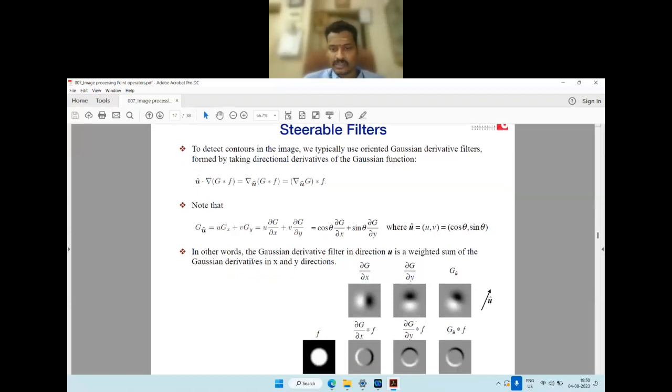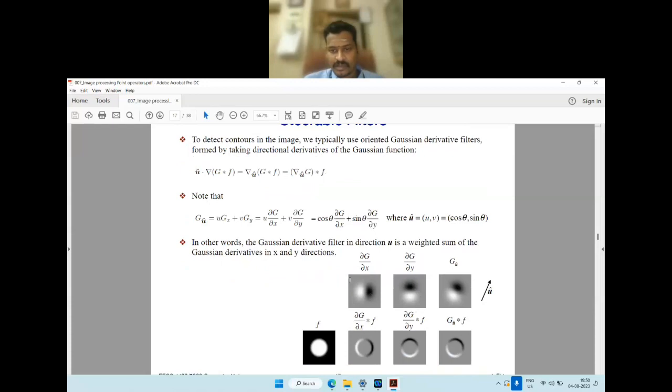Say for example, this is the Gaussian derivative of a pixel at location x. This is another Gaussian derivative of the same pixel on the y-axis. Suppose you want to orient these x and y towards the u axis, u cap, then you will get this output.